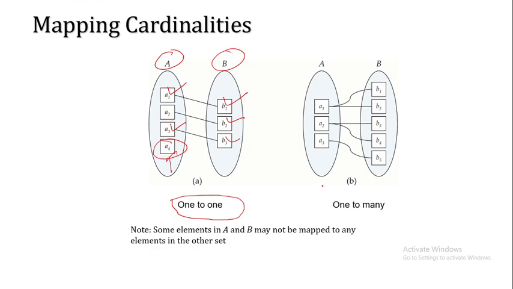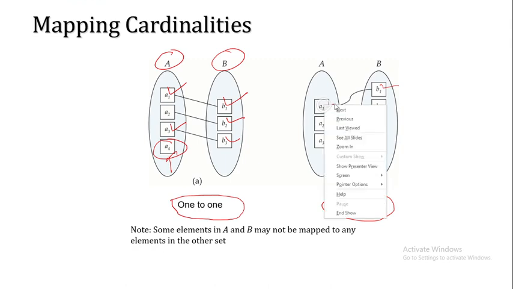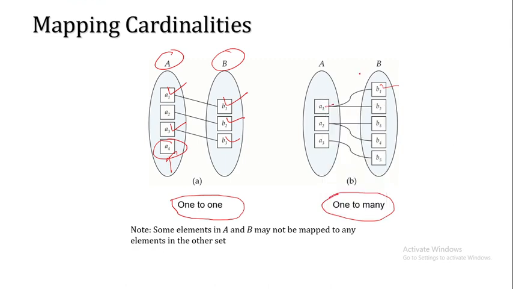Then you see over here another example, a one to many relationship, where one element of A is mapped with multiple elements of B. A1 is mapped with B1 and B2, A2 is mapped with B3, B4, and A3 is mapped with B4, B5.